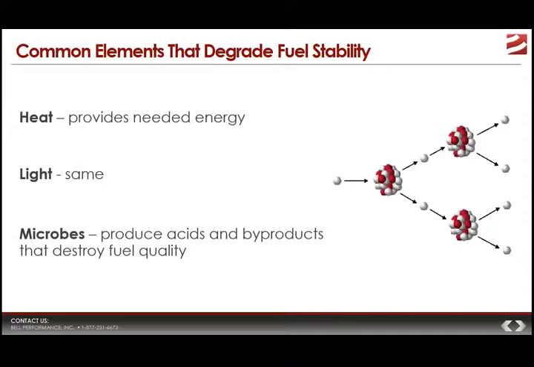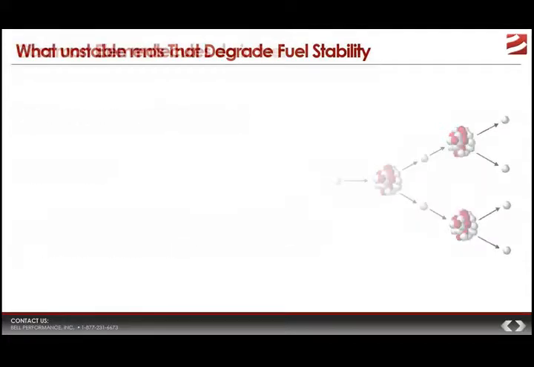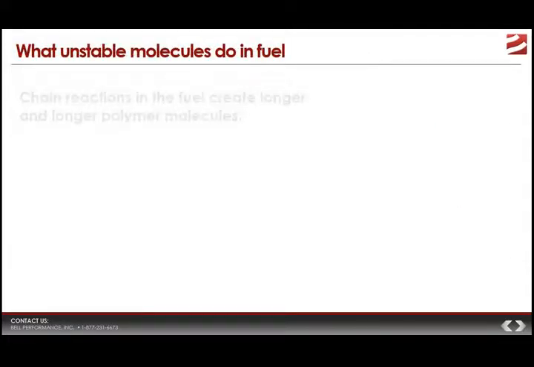Exposure to one or more of these things, usually more, results in accelerated formation and expansion of unstable molecular precursors in the fuel, which cause chain reactions that lead to instability over time. But how do they lead to instability? What do these precursors do once they're present in the fuel?